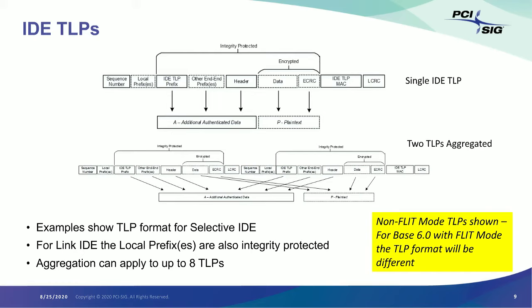It's also worth noting that one of the implications of that is that when a TLP is transiting a switch or going peer-to-peer through a root complex that supports peer-to-peer, if it goes in, say, non-flit mode and comes out in flit mode, that's a problem because it's changing the layout of the TLP, which would be flagged as an integrity check failure. And so what that means, of course, is we just can't allow that to happen. So there will be some additional rules about translating between flit mode and non-flit mode when we get to 6.0.